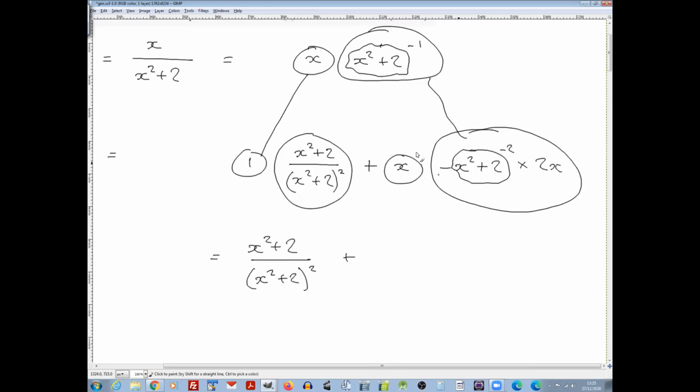Now let's deal with this one. What have we got here? And then there we've got minus x. I forget, this is a times sign in there, isn't it?